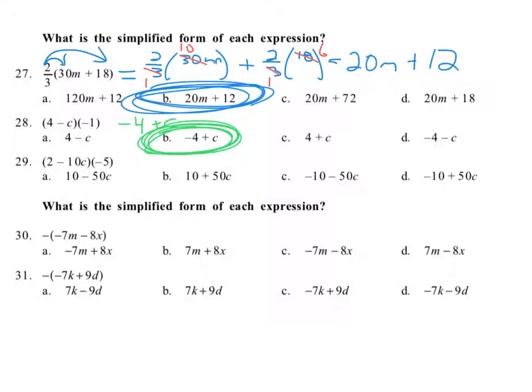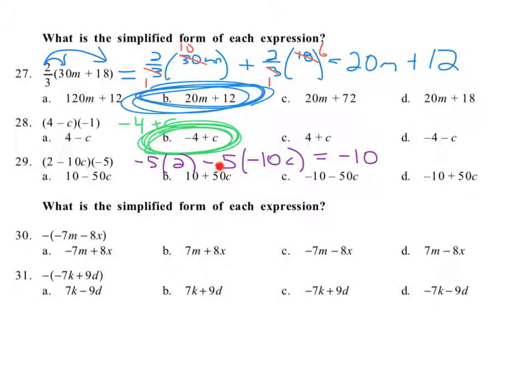Here, we've got this -5 distributing through. We could actually write this as a distributive property problem. We could say -5 parentheses 2 and -5 parentheses -10c. Okay, now let's see what we get when we do that. What's -5 times 2? -10.